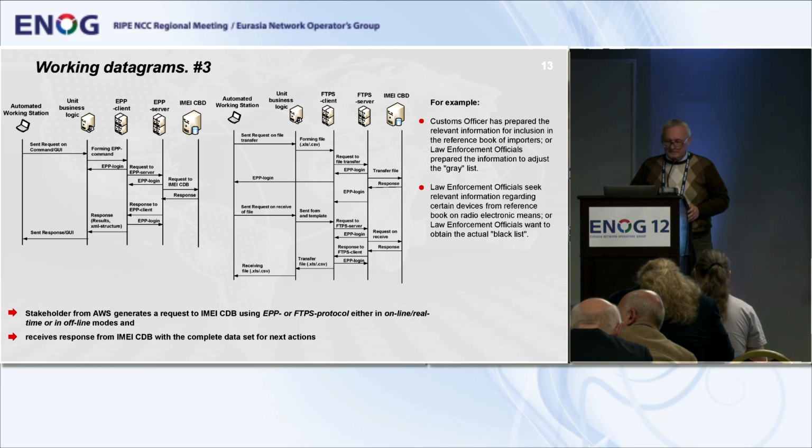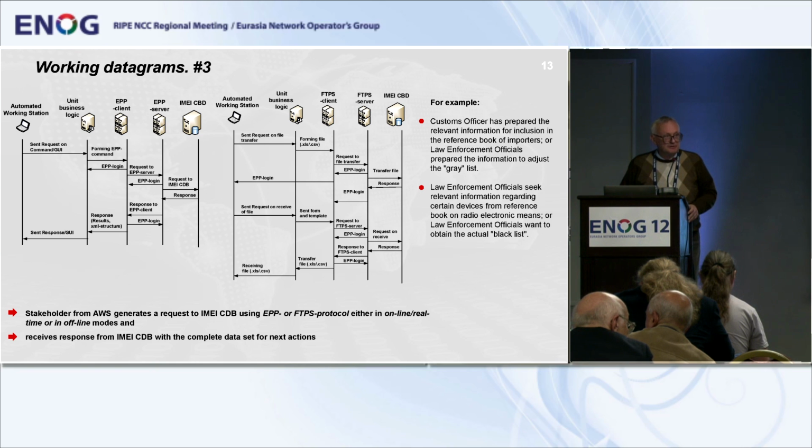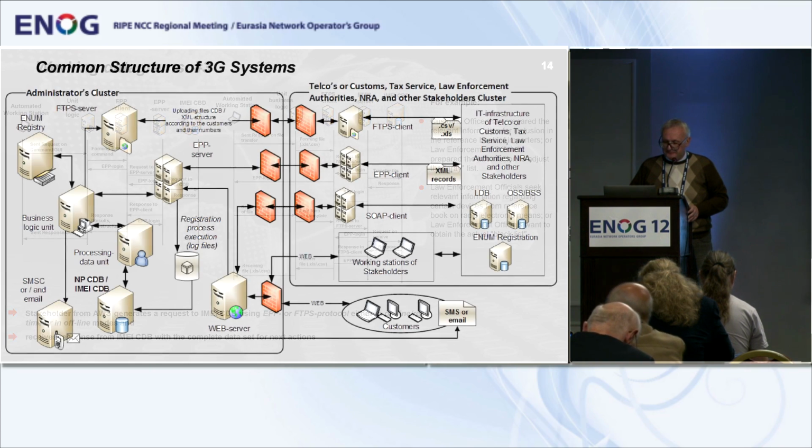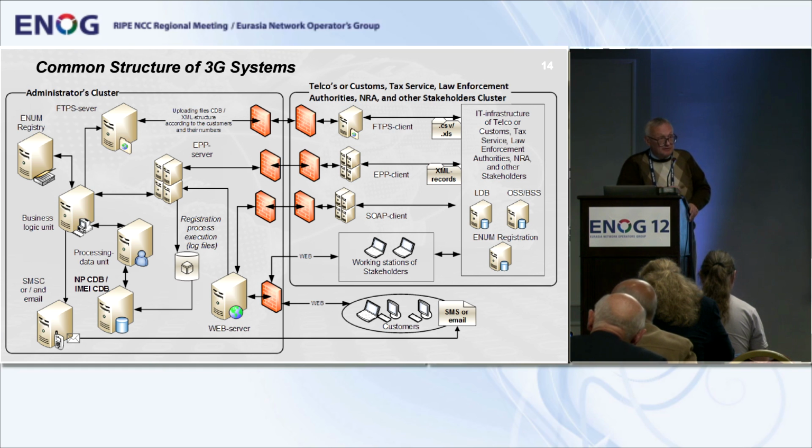Then comes an interesting working datagram which identifies the work of the user, like customs service in the given system, or such kind of a user as law enforcement, in online mode with access to certain information, and accordingly with certain limitations of powers and access to the given information.